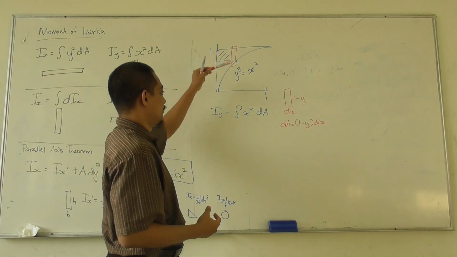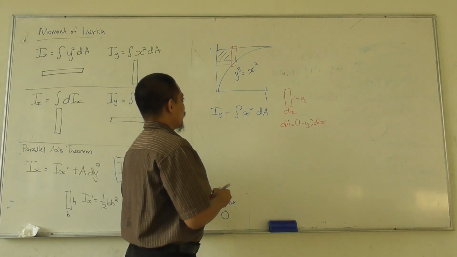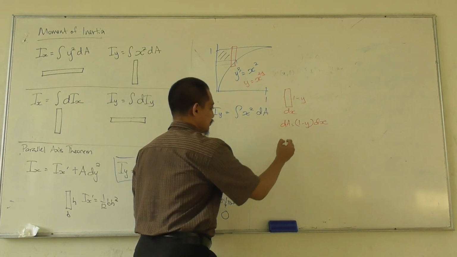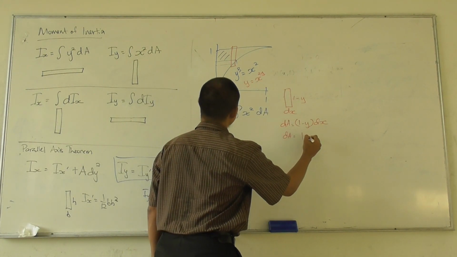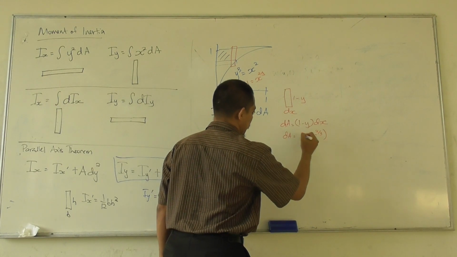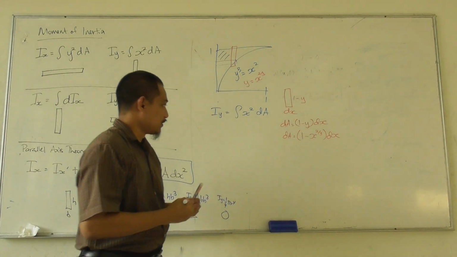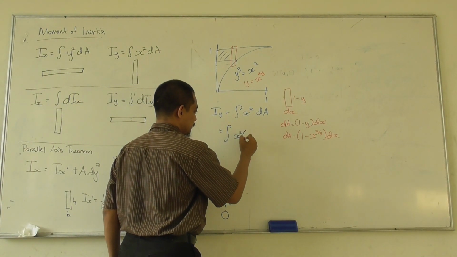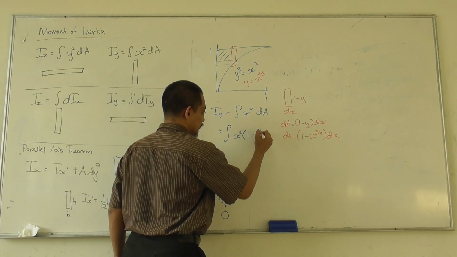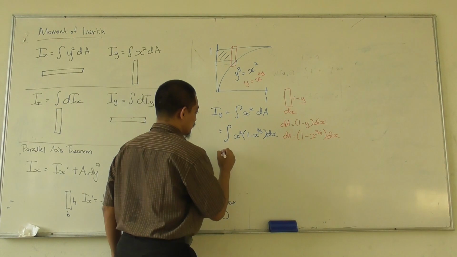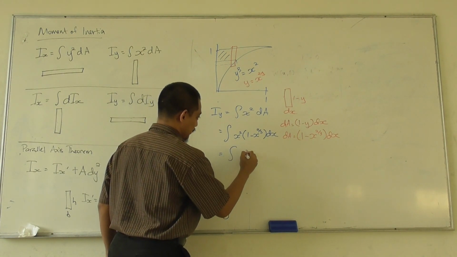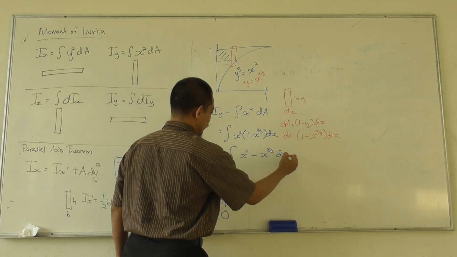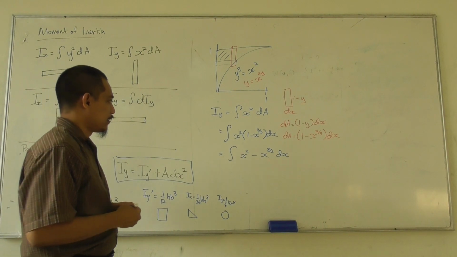This is 1 minus y, and y is x to the power of 2 over 3. So dA is 1 minus x to the power of 2 over 3 dx. Plug in here, and you get integration of x squared times 1 minus x^(2/3) dx, which means integration of x squared minus x^(8/3) dx. And what's the limit?